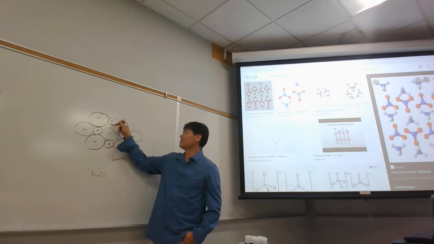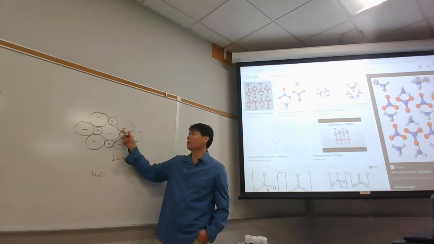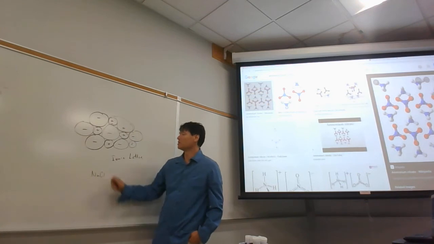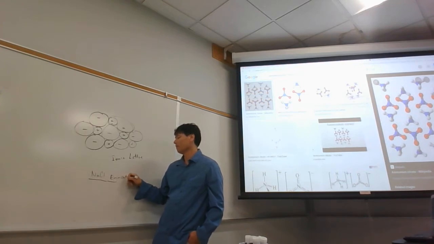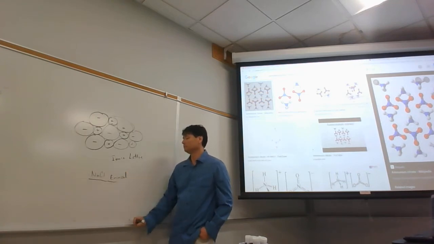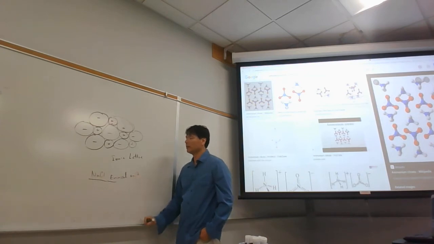For example, if I pick this sodium, I might pair it with this chloride, or I might pair it with that chloride, or that one. There's no discrete unit because that sodium can be paired with any of these. But the simplest unit will be this. The simplest unit we call the empirical unit, or empirical formula.